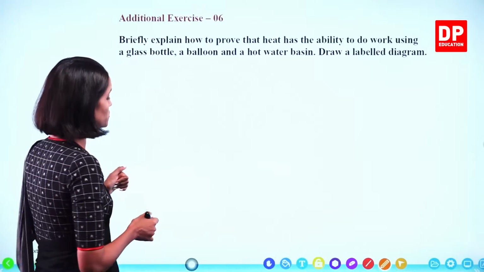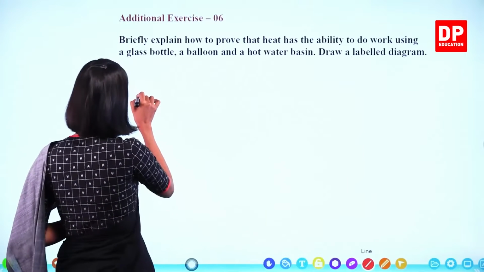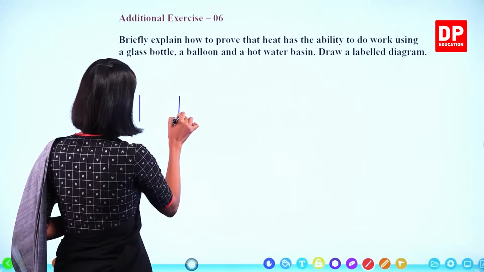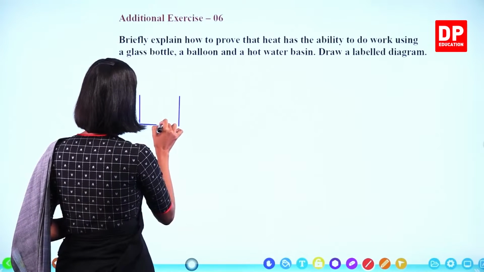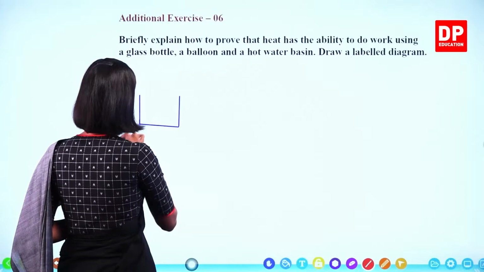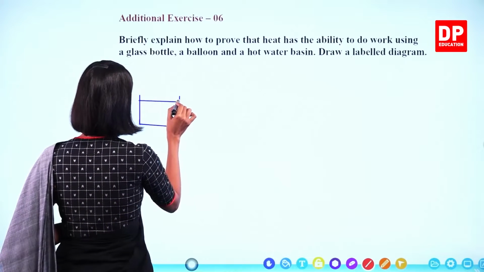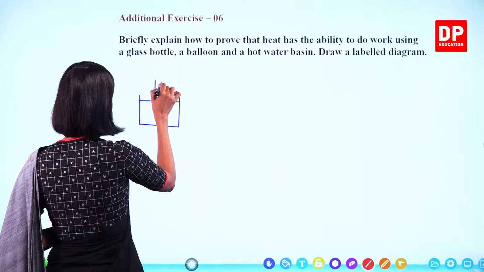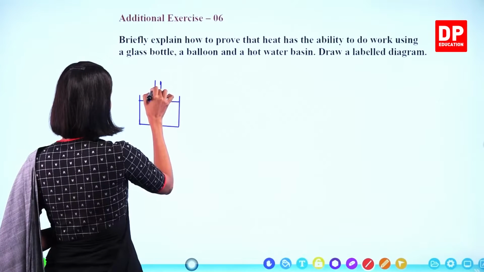First of all, we will draw the labelled diagram. We'll consider this is the hot water basin and this is hot water. And we have to take a glass bottle and cover the mouth with a balloon.